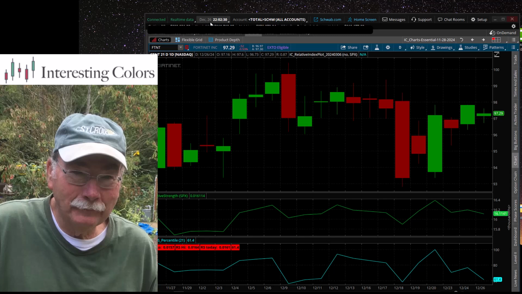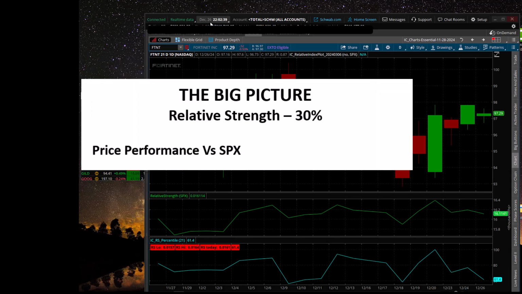Welcome to Interesting Colors. This is the second part of the big picture. And in this segment, I'm going to talk about relative strength and how it works in with the selection criteria for finding the stocks that have the best chances of letting you make a successful bullish trade.